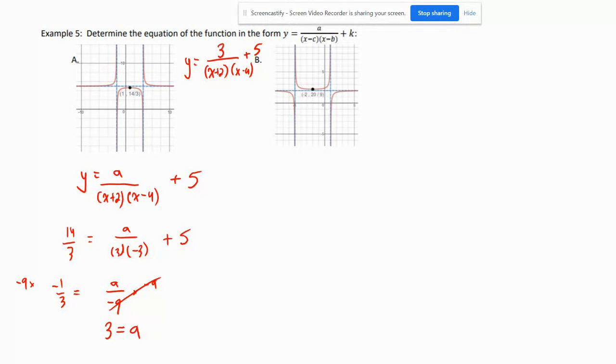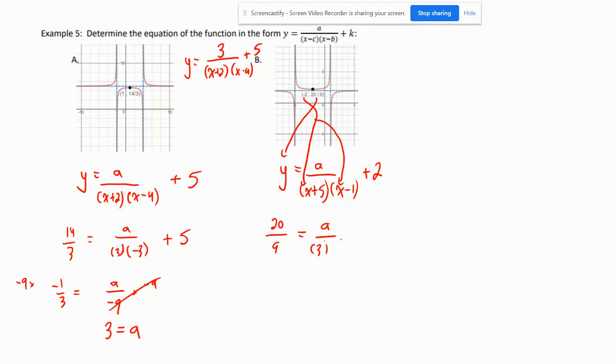Similarly, guys, for example 5, we have y equals a. We have an asymptote at x equals -5 and x equals 1. So we're going to have x plus 5 and x minus 1, plus 2. I put in this point, which goes in for y. This goes in for the 2 x's here. 20 over 9 equals a. -2 plus 5 is 3. -2 minus 1 is -3. 20 over 9 minus 2 is 2 over 9.